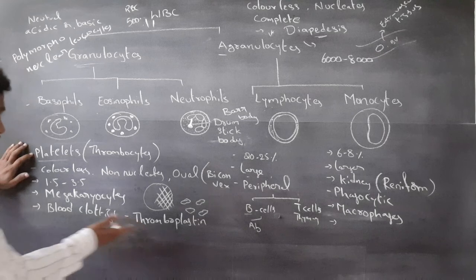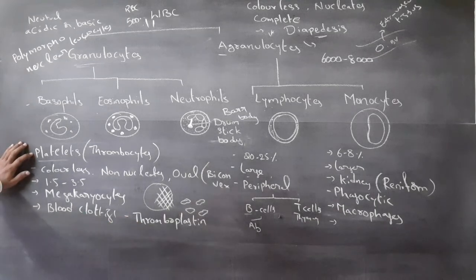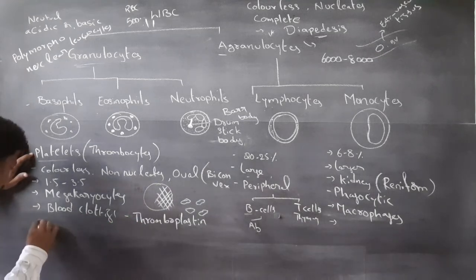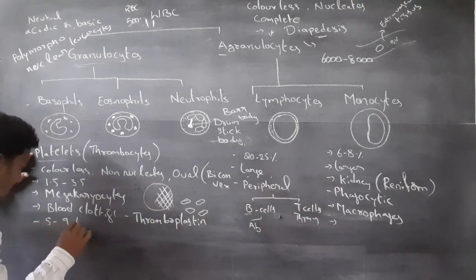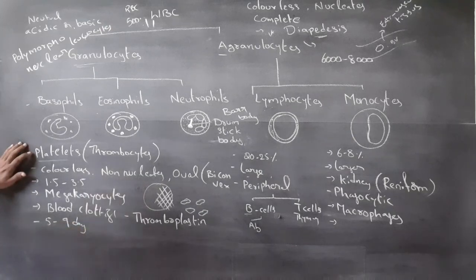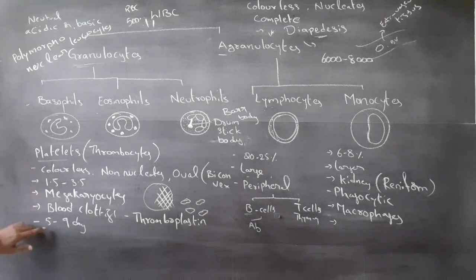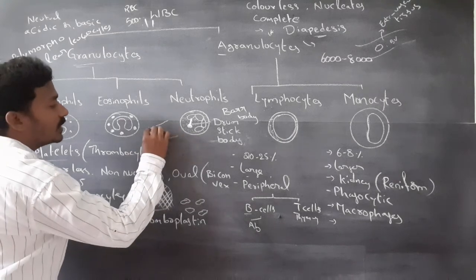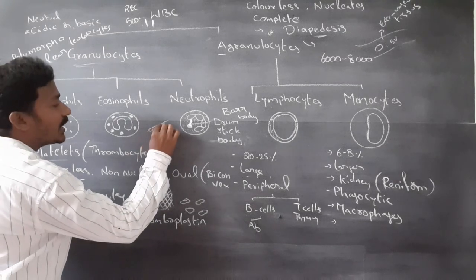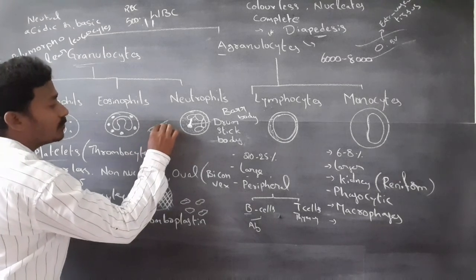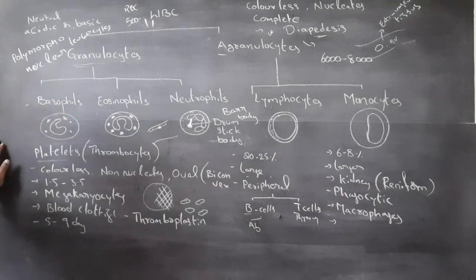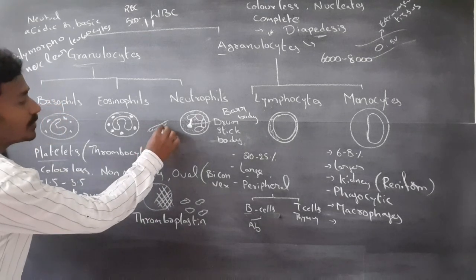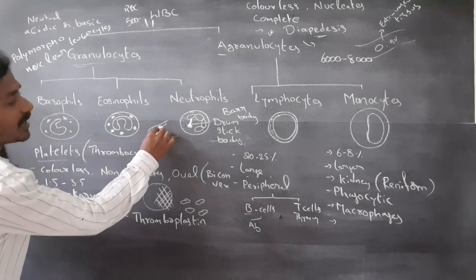It is involved in the blood clotting mechanism. The average lifespan of platelets is 5 to 9 days. Platelets adhere to the damaged endothelial lining of blood vessels to seal minor vascular openings.